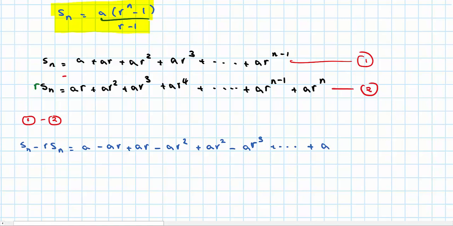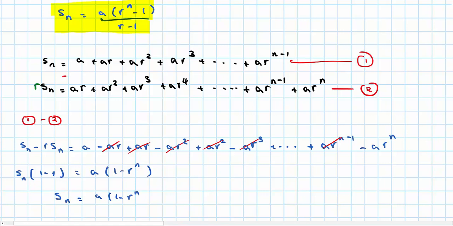And we'll finish with ar to the n minus 1 minus ar to the n. Just like before, you can see that these middle terms are going to cancel, and I'm left with just the first and the last term. Take a factor of Sn out, 1 minus r. Take a factor of a out, 1 minus r to the n, and Sn is going to be a(1 minus r to the n) all over 1 minus r.